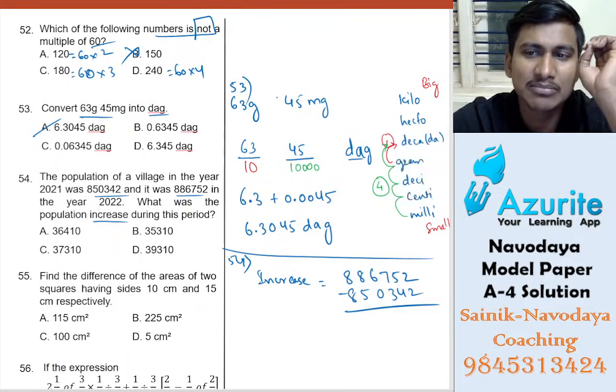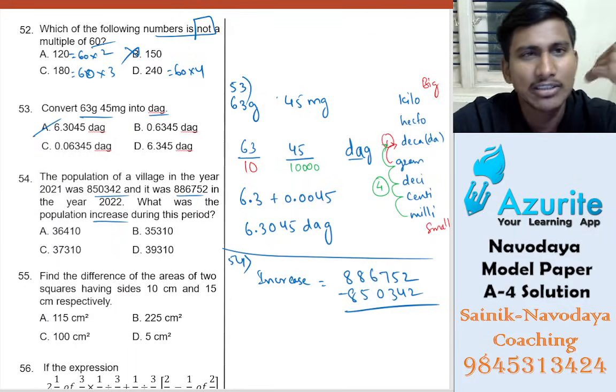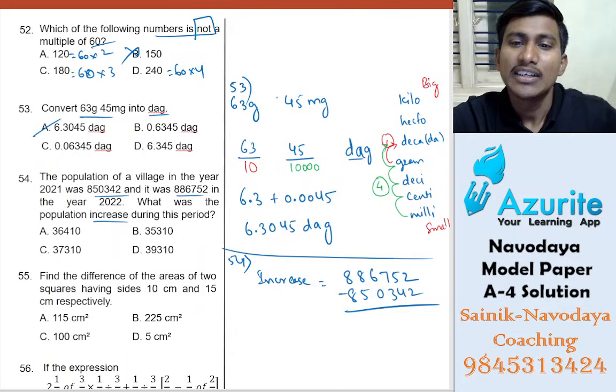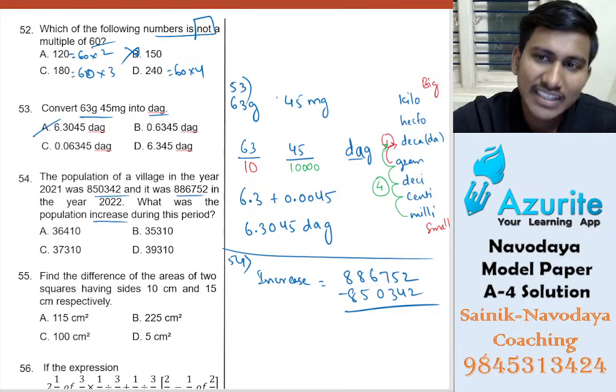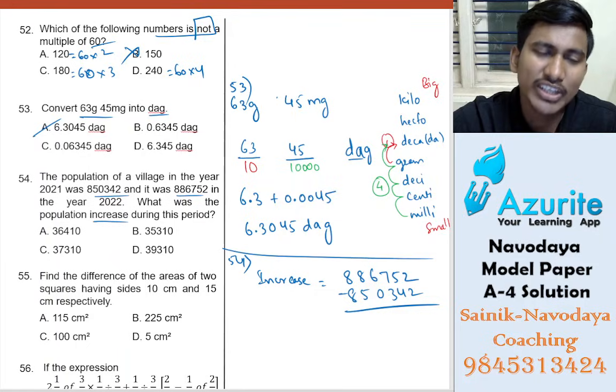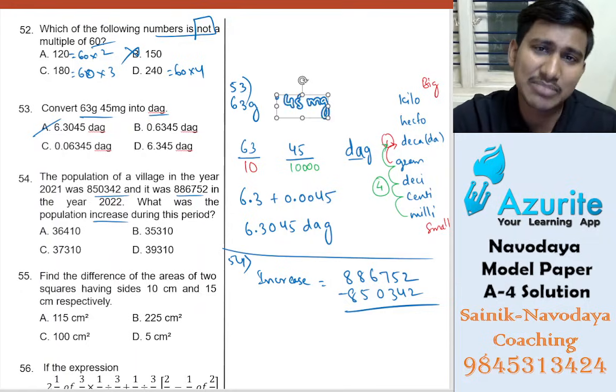Here it can be gram or meter, liter, anything. So here it is gram. 63 gram is there, so from gram we have to go to deca. One time means we have to divide with 10. And here 45 milligram is there.